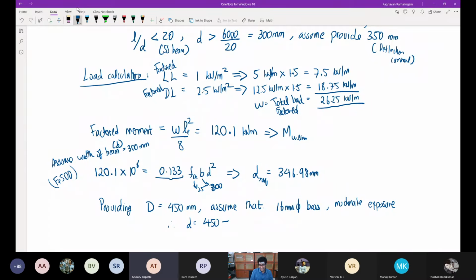Clear cover, how much? Sir, 30 you can take as clear cover for moderate. 30 is fine for clear cover, and then for the remaining part, what do we subtract? 8, the radius of the bar, so 16 by 2 is 8. So this comes to 412, I believe.